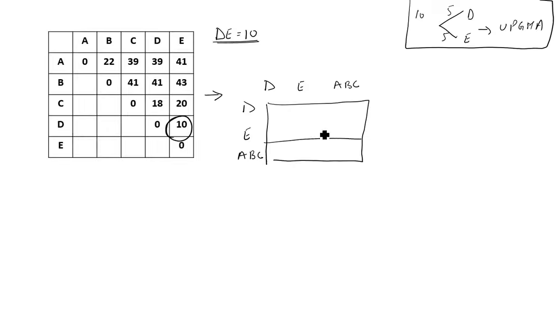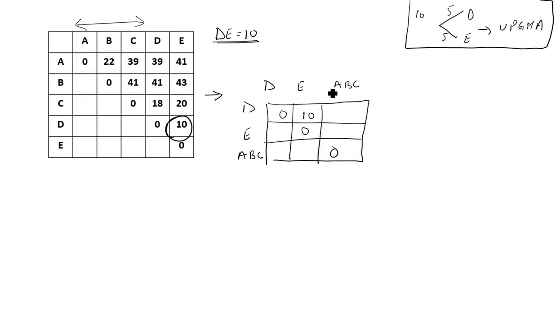What does it mean? The meaning is we are going to take the rest of the available nodes and make them a common node. DE value is 10.